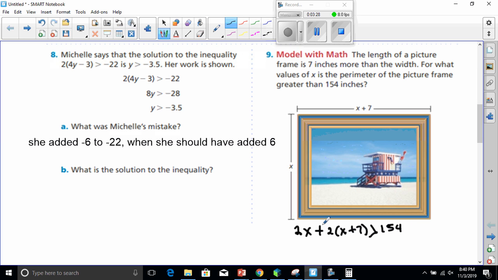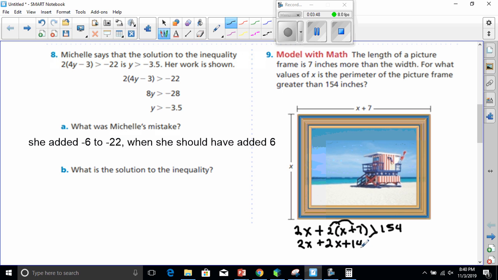All right, first we're going to distribute our properties, and that's going to give us 2x plus 2x. And 2 times 7 is 14, so this would be plus 14.